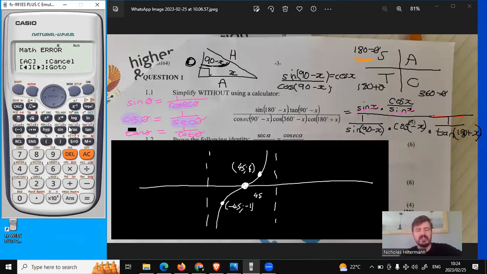That's because if you think of a right angle triangle being 90 degrees, then how can this angle be 90 degrees? Because then I'm going to have a straight line. I can't get a triangle, because the interior angles of a triangle add up to 180.